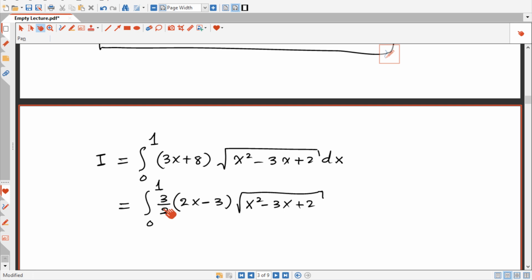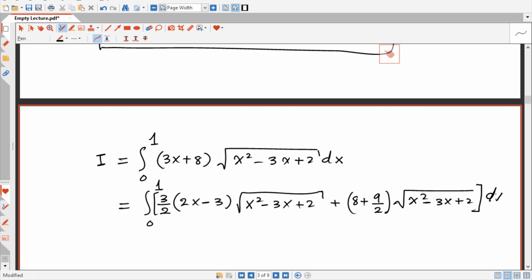So multiplying by 3 by 2, we get the 3x, but 3 times minus 9 by 2 extra term. To compensate for that, we have to add 8 plus 9 by 2, so plus (8 plus 9 by 2) multiplied by the square root of x squared minus 3x plus 2, and I will put 2 brackets here, dx.